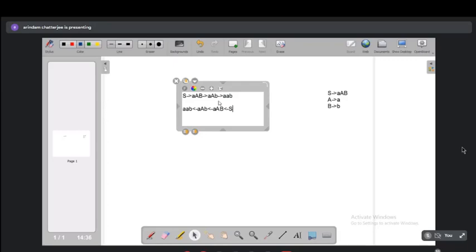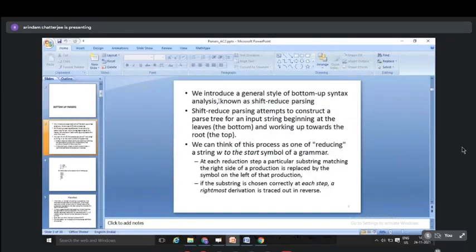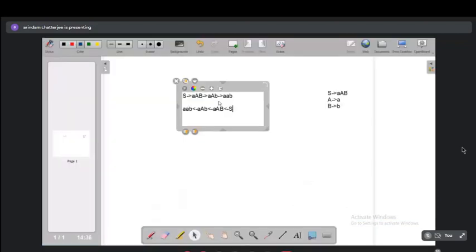So we are basically tracing out a rightmost derivation in reverse in the bottom line. Is that clear?